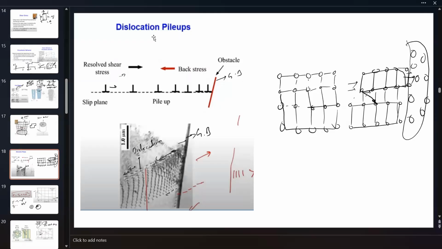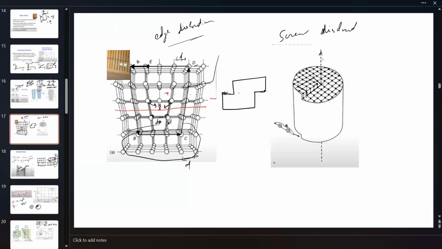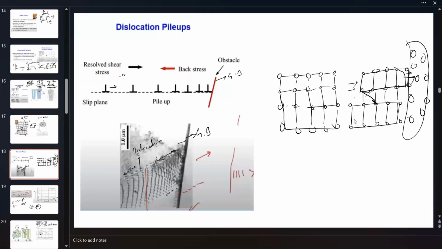That's an example. Dislocation pile up. Here's the example.